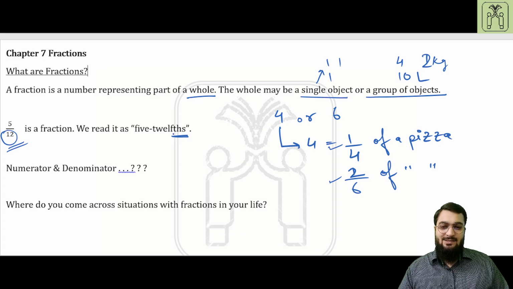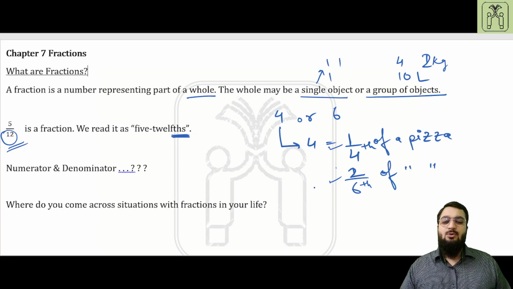So "ths" is added at the end of the denominator. If a pizza is divided into 4 slices, it will be pronounced as 1/4 of a pizza, or 2/6 of a pizza. This is the way it will be pronounced.